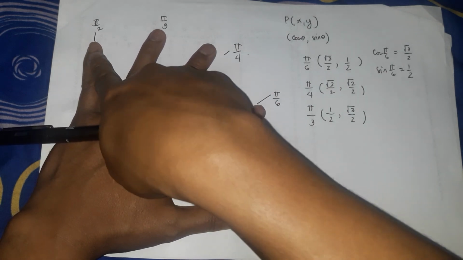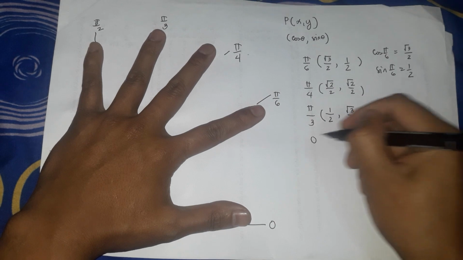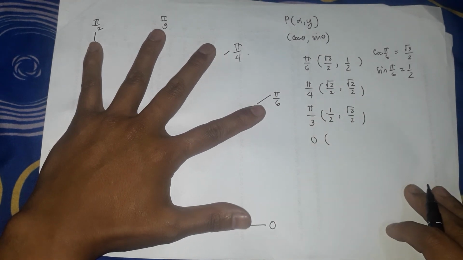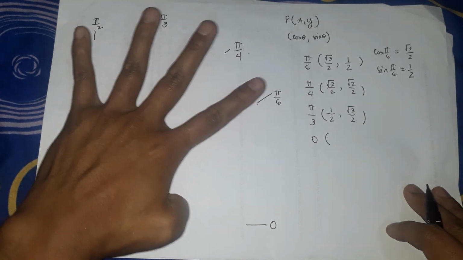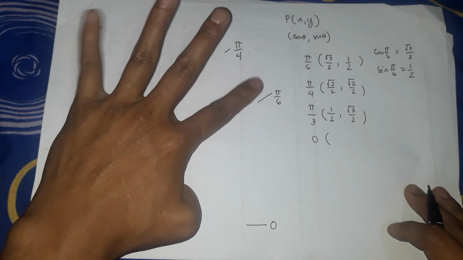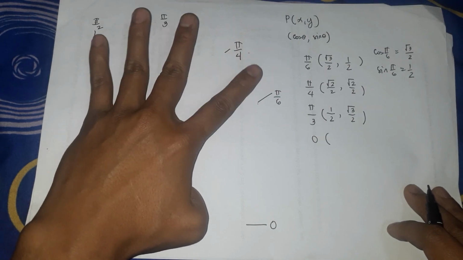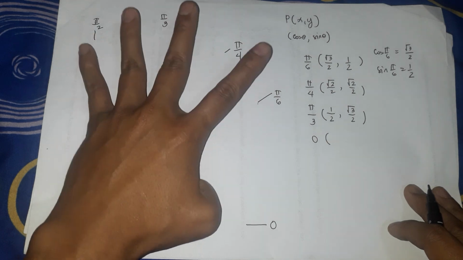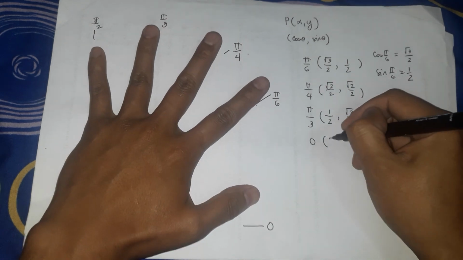Now, what will be the coordinates of angle 0 and angle pi over 2? For your angle 0, on its left side, there are 4 fingers, so that's square root of 4 over 2. Square root of 4 is 2, over 2, that is 1.